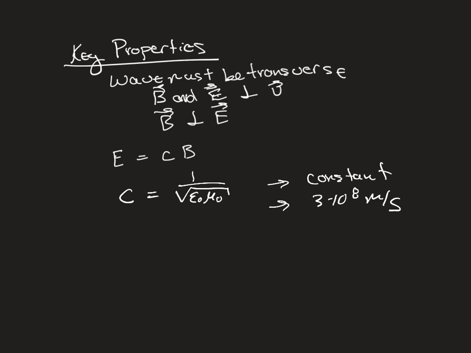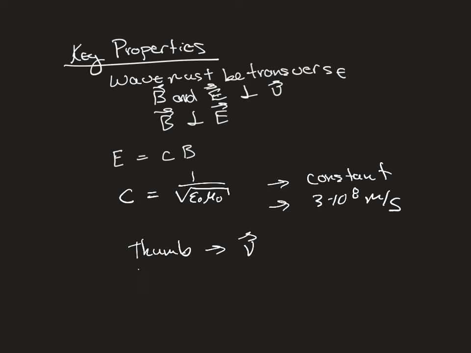All right, so the last thing I want to go over in this section is the right-hand rule to be able to establish the direction of the electric field, the magnetic field, and the propagation of the wave. So you're going to put your thumb in the direction of the propagation.